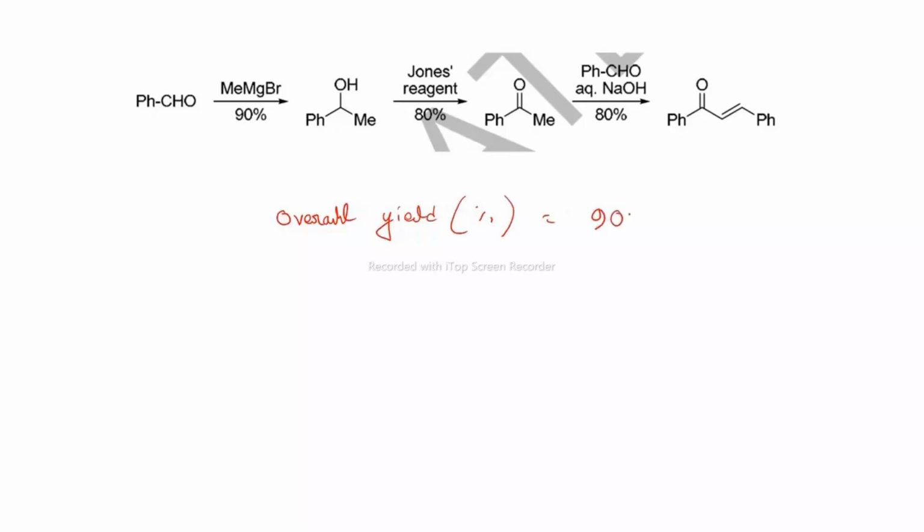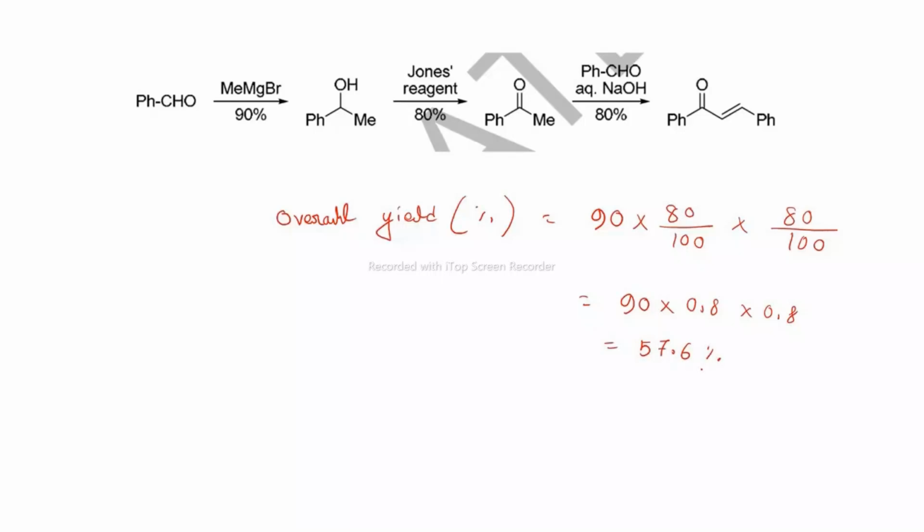First write 90 because the first yield is 90%. Then whatever yield there is after each further step, just divide by 100, so 80 by 100, and 80 by 100. That becomes 90 times 0.8 times 0.8. If you multiply this, it comes to 57.6%.